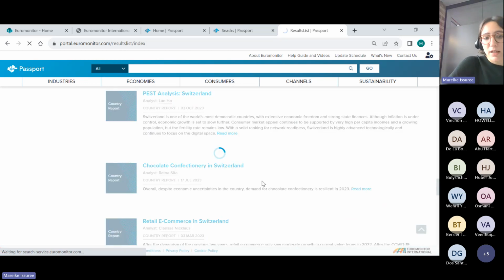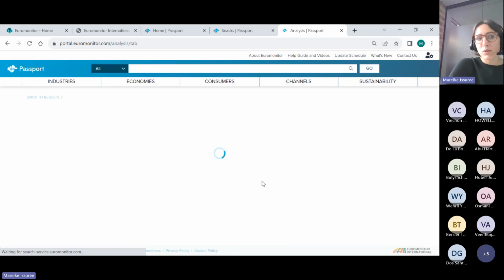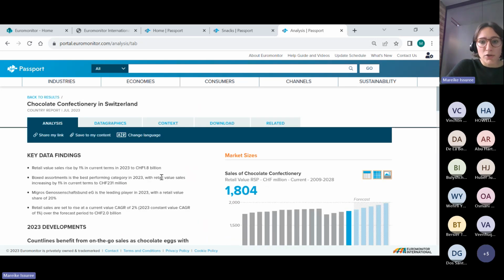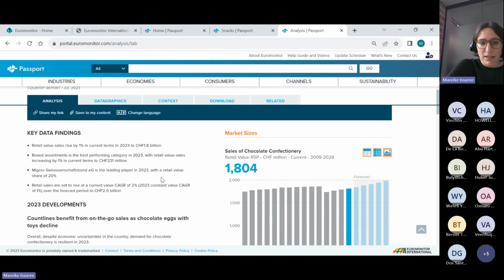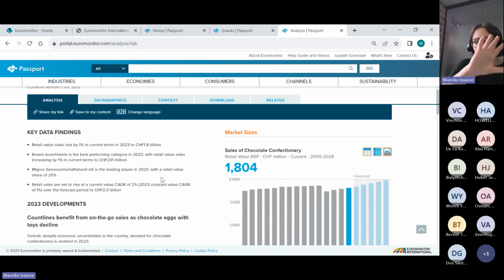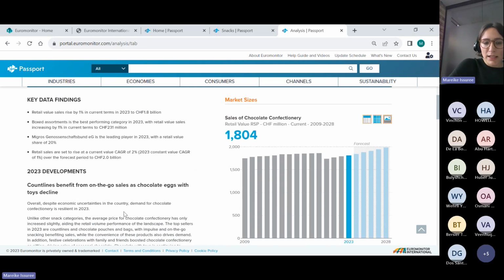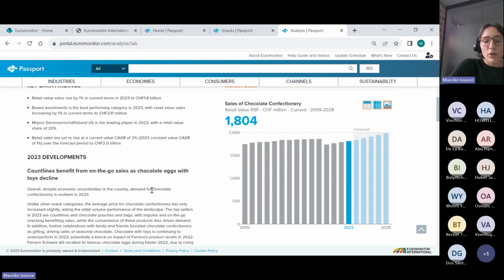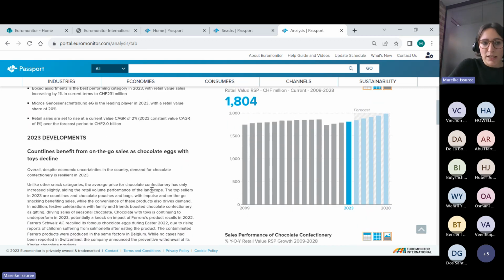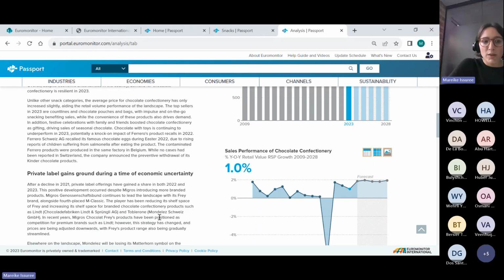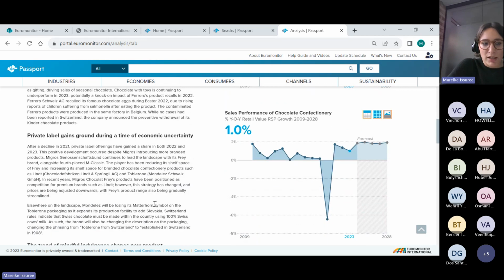What this report allows us to understand is why we are seeing those trends that we've just looked at in our statistics. It gives you a really good understanding of the industry landscape in Switzerland in this case. All the reports look like this: for the industry, you get a written analysis on the left-hand side, going into what's important in this market, what the developments are, why Lindt is the leader, for example, and whether private label is gaining traction.